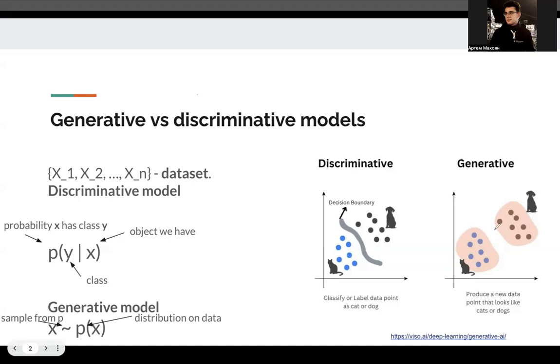Objects of the same class are near to each other. That's usually true, and that's why the true distribution usually has several modes. What does it mean? Here the density is large, here the density is large, and between them there is a space where the density is low.